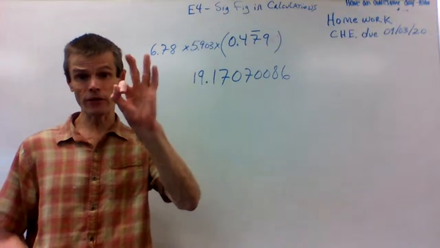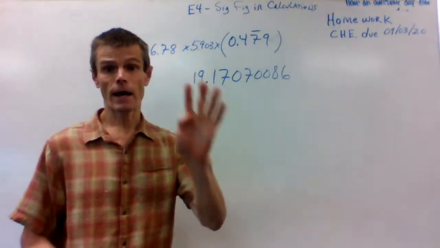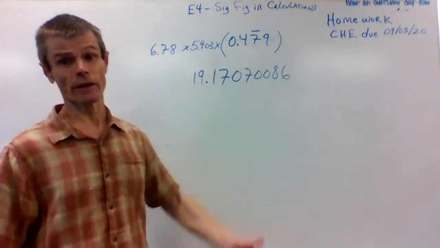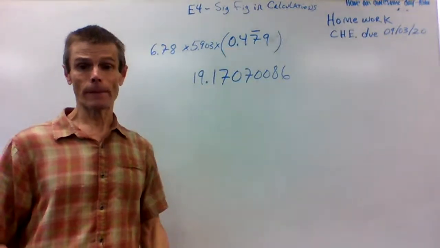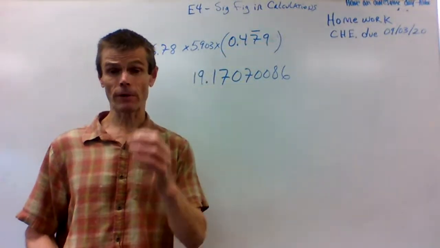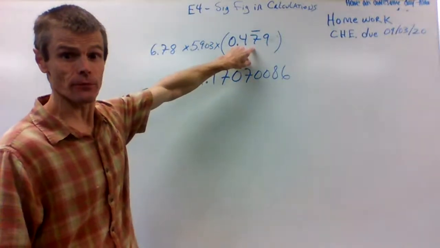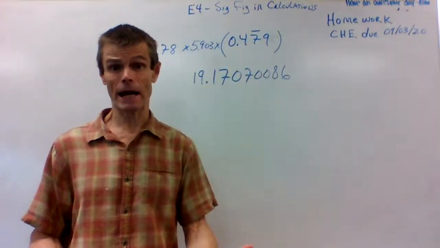6.78 has 3 significant figures. 5.903 has 4 significant figures. How many significant figures are there in that answer? Remember, we put a little cap over top of where we would end in terms of the number of significant figures that piece of data truly has.